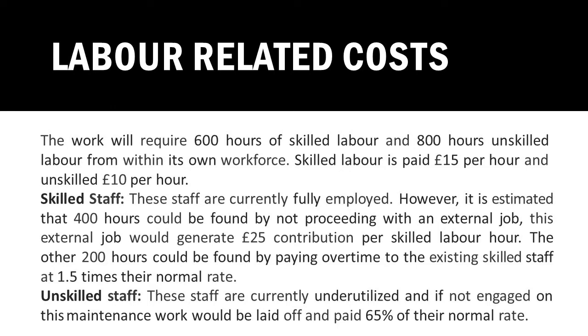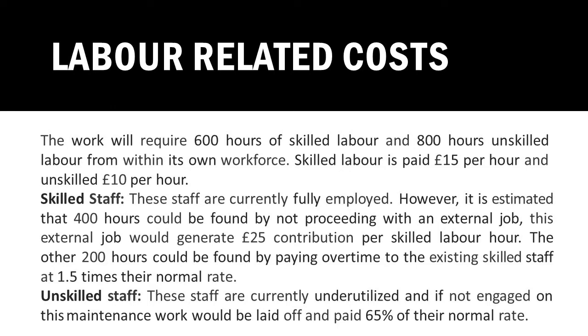Unskilled staff, these staff are currently underutilized and if not engaged on this maintenance work would be laid off and paid 65% of their normal rate. Okay, so using staff or not using staff, two options. Option one is don't make them work, don't accept the project, don't do it in-house, and let them know we will only pay them 65% of their normal rate.